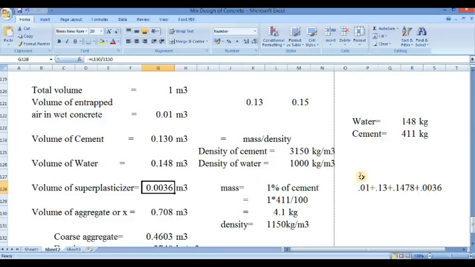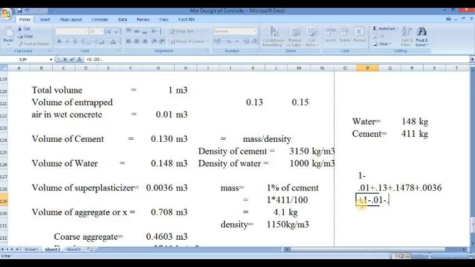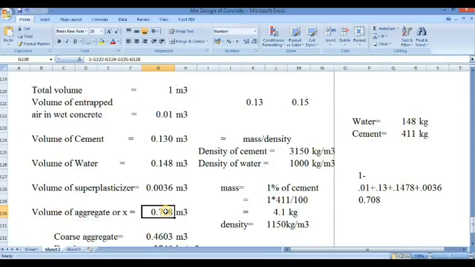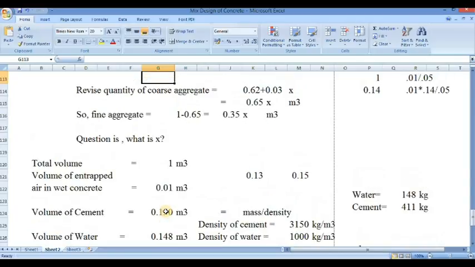If you subtract each of them from the total volume of 1 meter cube, you will get 0.708 as the volume of your aggregate. So you got the value of X.